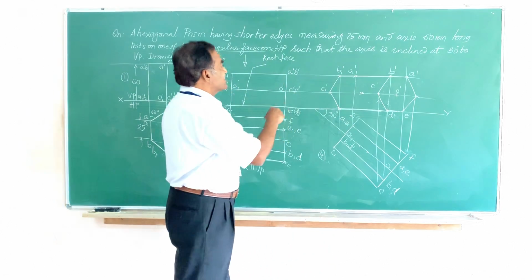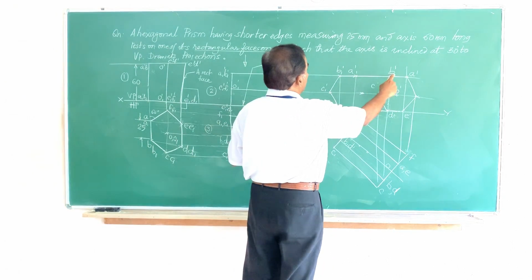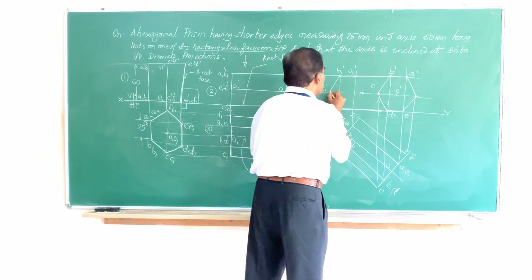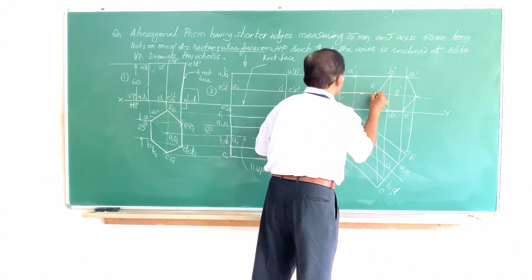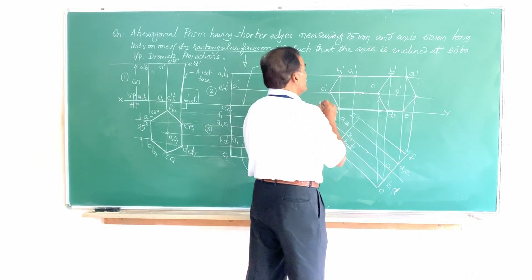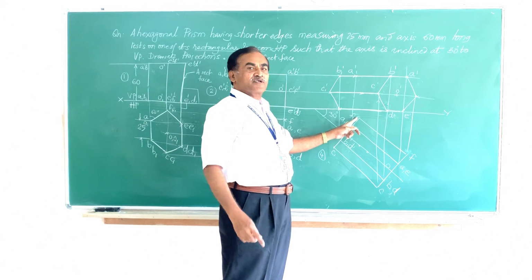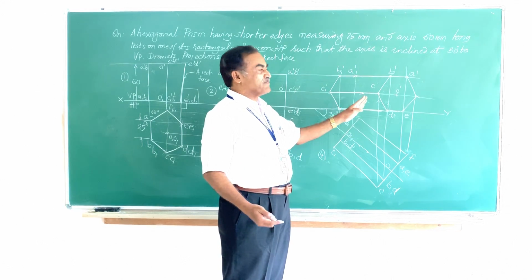Friends, when you look from the top, both A dash A1 dash, B dash B1 dash are visible. Even this edge C, C1 is also visible to the observer. And what is not visible is that point F1 of the bottom face, which is away from the observer.